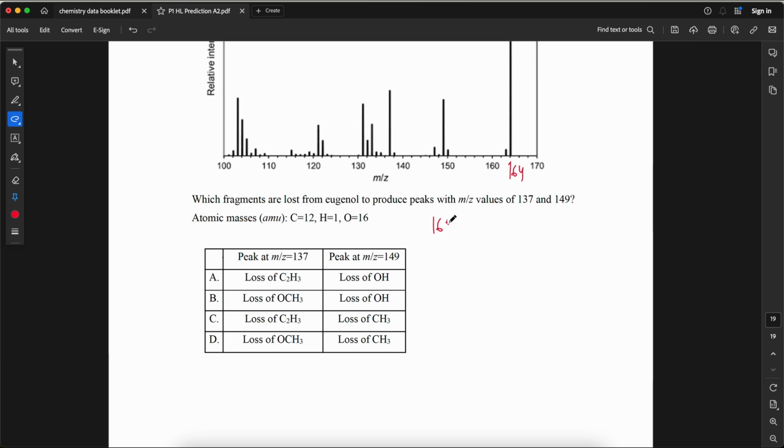So 164 minus 137 would be 27, and 164 minus 149 will be 15. If it's 15, definitely CH3. So between C and D. If it's 27, let's check. We've got the options C2H3 and OCH3. C2H3 is 27, OCH3 is 15. So it is definitely C2H3. So the answer is C.